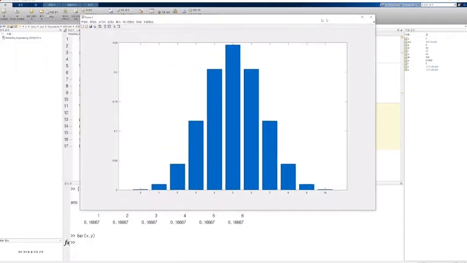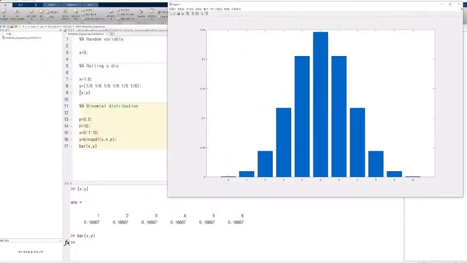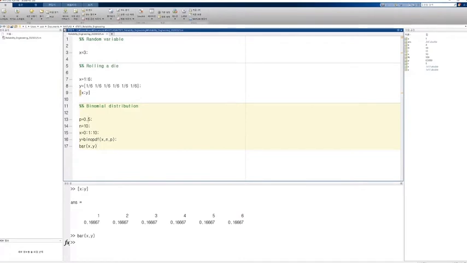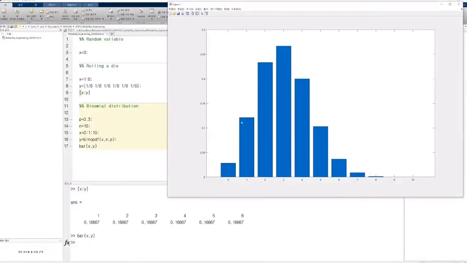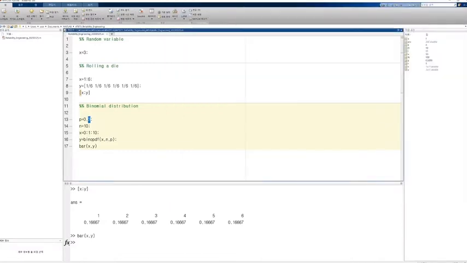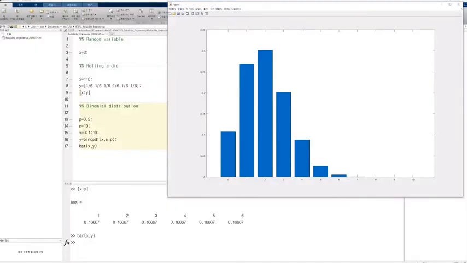If we change the probability, so if the probability is somewhat different, like 0.3, then we are going to see a somewhat different distribution. And if we change the probability again, then we are going to see another different probability distribution.